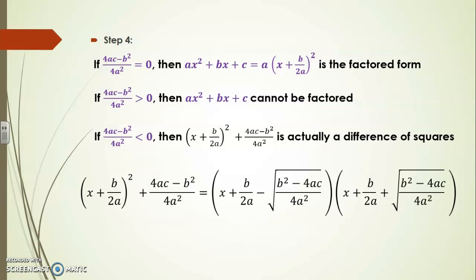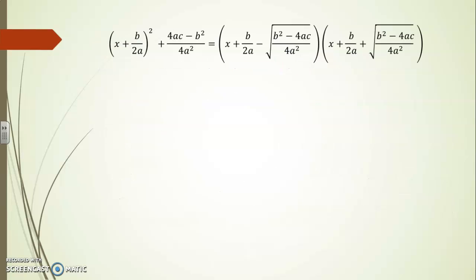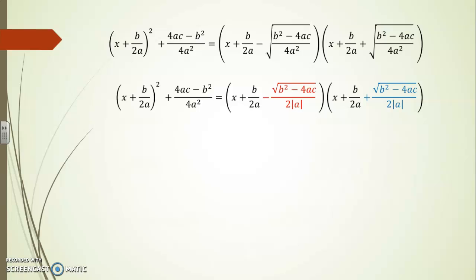Although the expressions are not pretty, we can simplify them a little bit, starting with the fact that rooting 4a squared can be simplified to 2 times the absolute value of a. We'll discuss why there are absolute values on the a later, but turns out that it makes no difference.